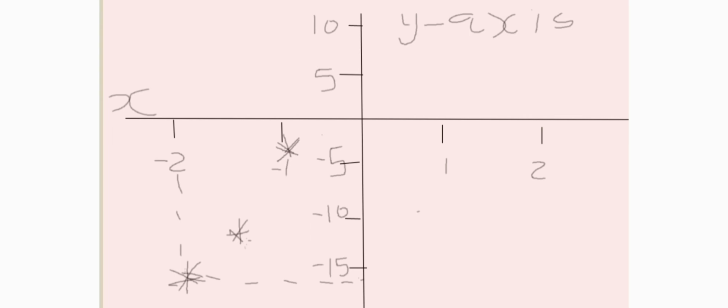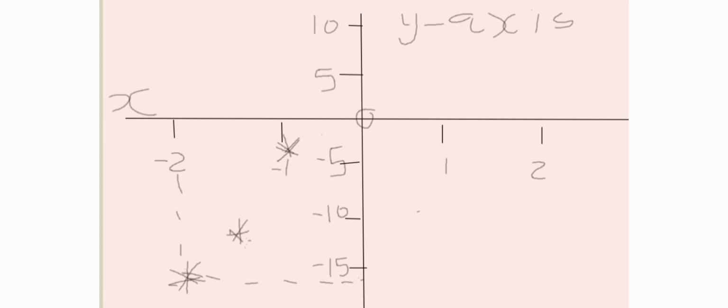What again? Minus 0.5 on the x-axis and 1. So minus 0.5 should be at the middle of minus 1 to 0. This point here is our 0. So minus 0.5 on 1 on the y-axis.